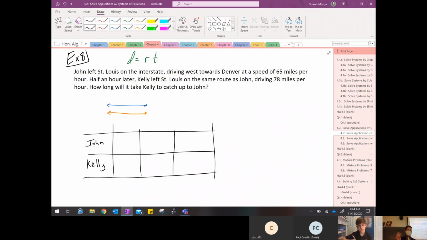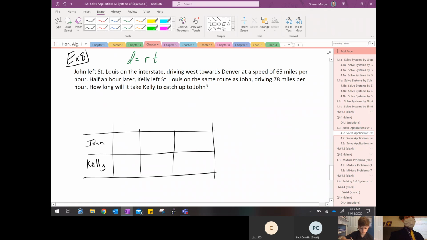Now, I'm Coach Morgan, professional mathematician extraordinaire. If I were doing this, I probably wouldn't go to the trouble of setting up a chart because I've done a million of these and I've practiced enough to know what to do. You guys are students and you're just first learning how these work. A chart is a great learning tool for that. It's a great way for you to organize the info.